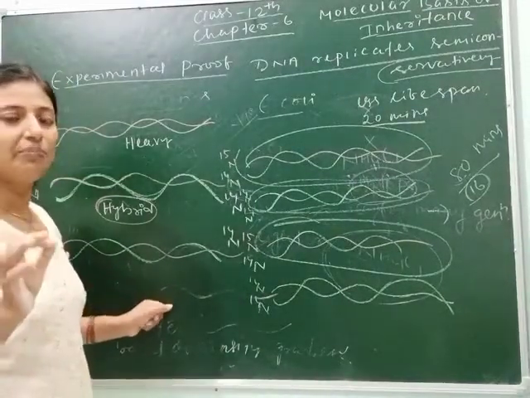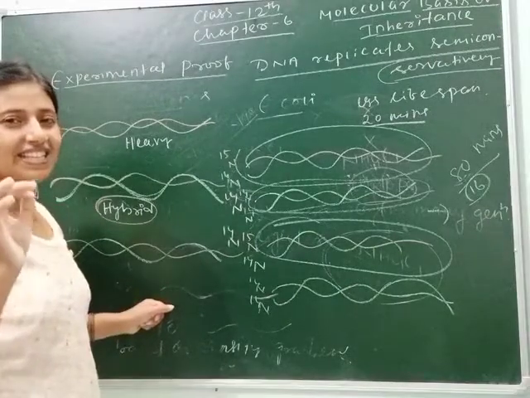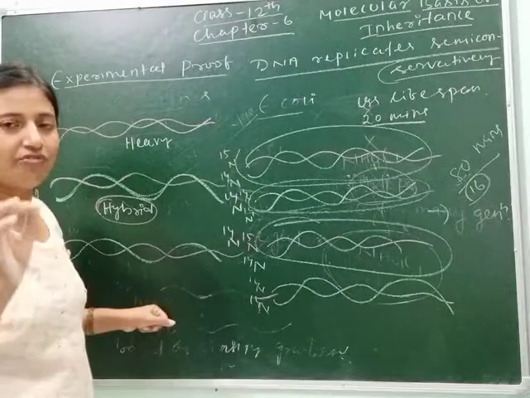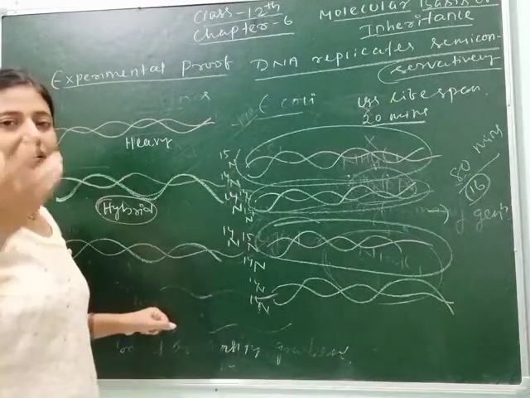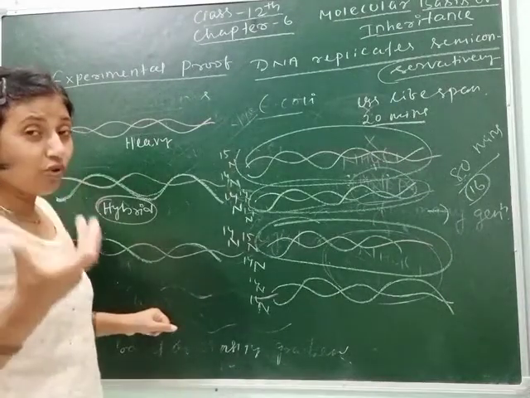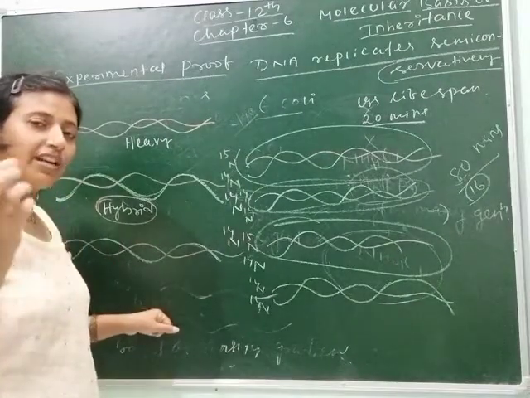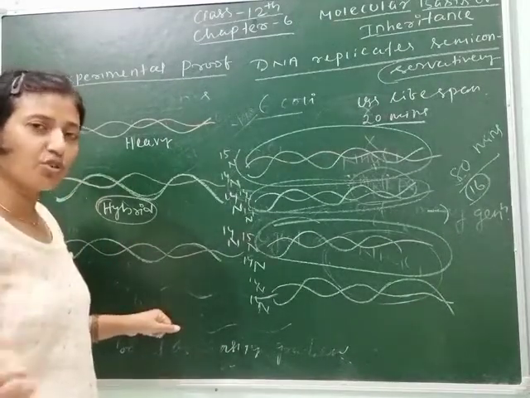You have to just remember nitrogen 15 is a heavy isotope, nitrogen 14 is a light isotope. First, E. coli is grown in nitrogen 15, the ammonium chloride solution in which nitrogen 15 is the heavy isotope.